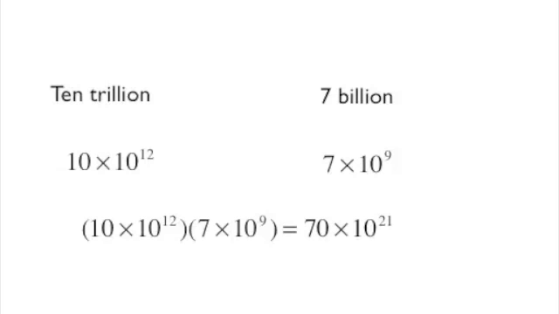Now as a scientific notation, remember we only want one number in front of the decimal. Right now we've got 70. I want it to be 7 times 10 to something, so I've got to bunny hop my decimal. I'll bunny hop over that 0, get rid of that. It's 1 bunny hop, so I'll add 1 to the exponent. I'll get 7 times 10 to the 22nd.